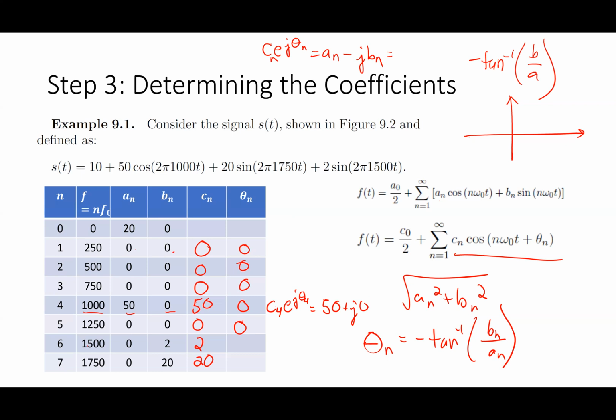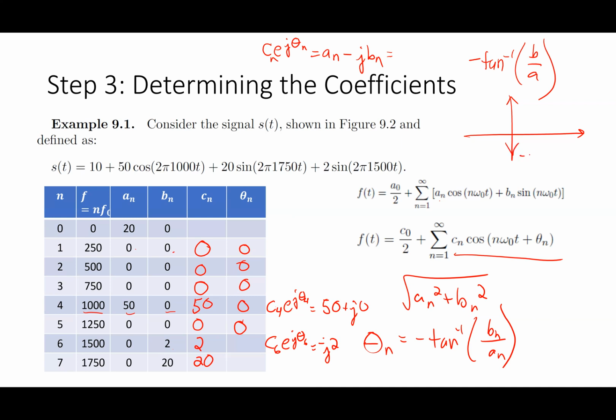Now here's a tricky one. At 1500, I've got a B term. So I'm going to say I've got C6 e to the j theta 6 equals negative j2. What's the angle of negative j2? Where does negative j2 point?